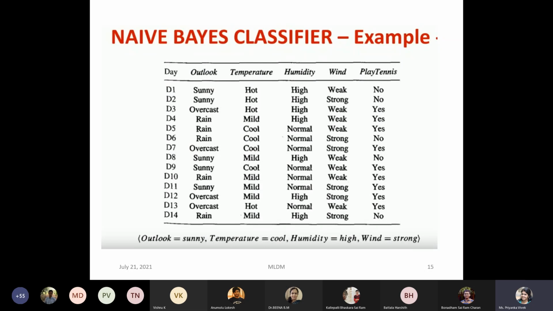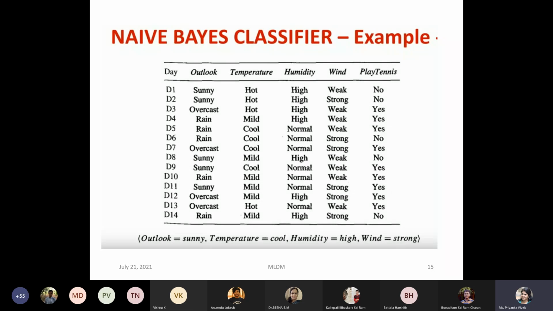In that, how many of them are sunny? That's what you're going to check. So the denominator is 9. For the numerator, can you count from the data set how many instances with yes have outlook equal to sunny? Yeah, 2. So out of 9 instances where the class label was yes, we had 2 instances where outlook equal to sunny. That's how we find it. So the probability of sunny given yes equals 2/9.